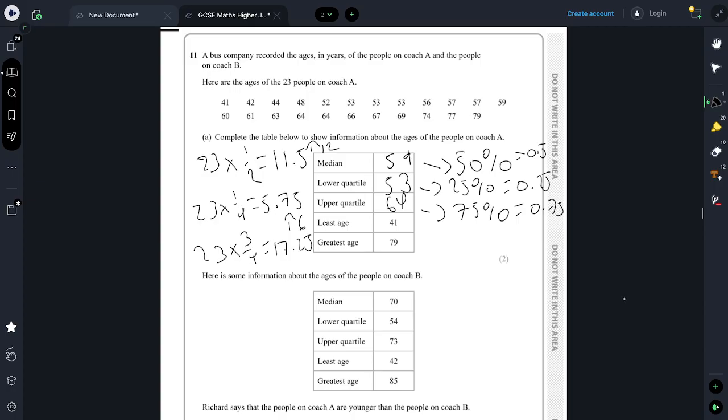Normally it makes sense to round it down, but apparently you round it up then. So that rounds up to 18. So you want the 18th number, which is 66.